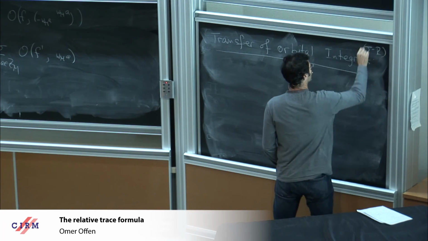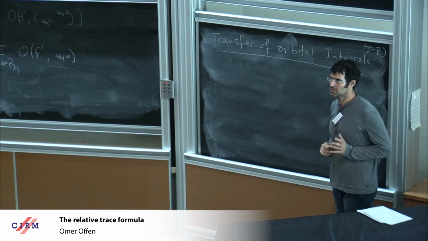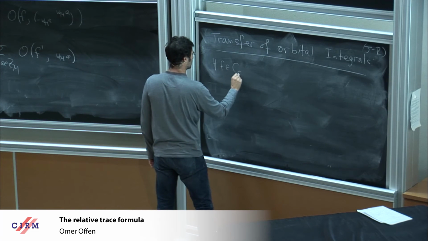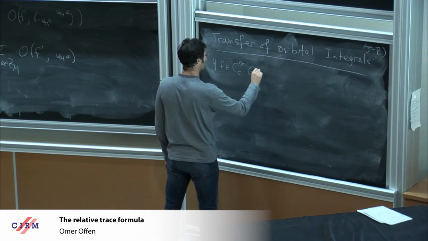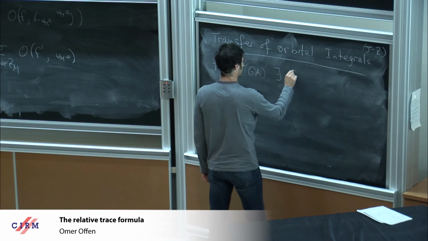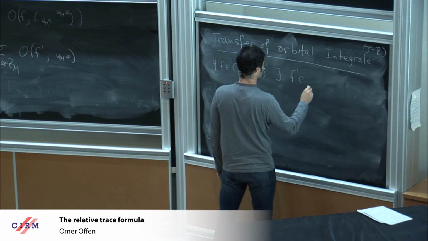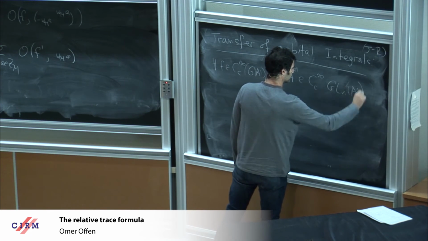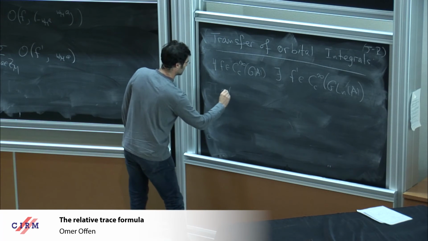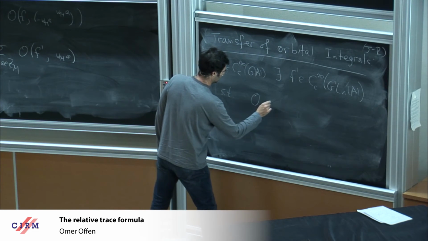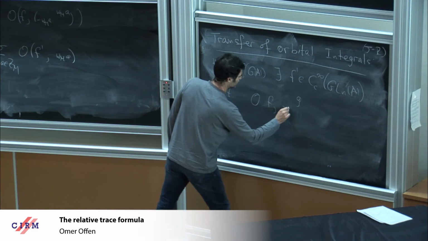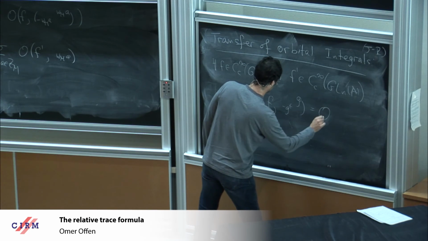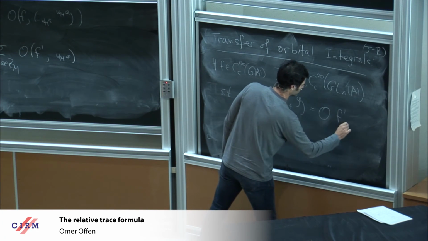What Jacquet-Rallis actually showed, essentially, is that for every f, a function on GL2n, there exists f prime, a function on GLN, such that the orbital integral of f at g negative g transpose equals the orbital integrals of f prime at g.